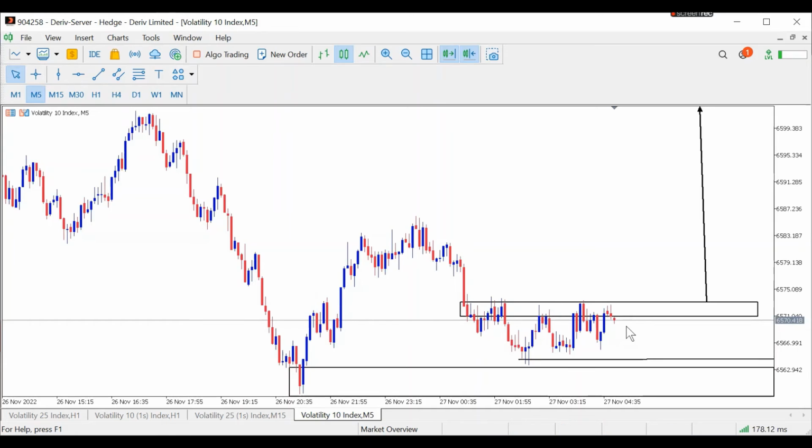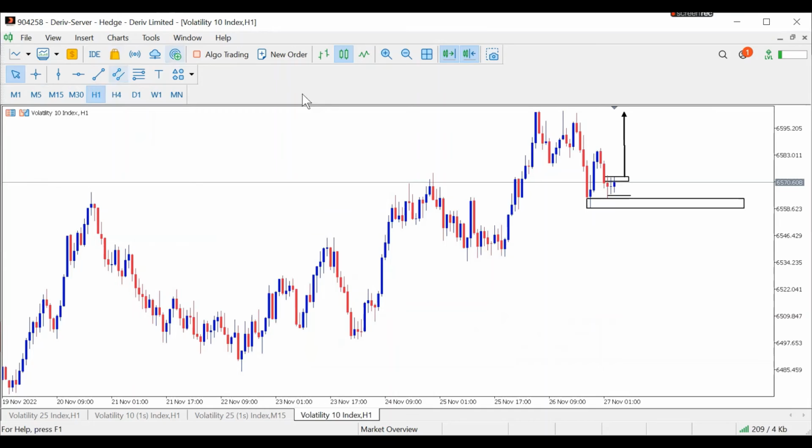As you can see right now, the market has these candlesticks, which indicate there is a probability that this market might still go down before it comes back up. So ideally I wouldn't take this trade, but I'm just showing you guys how to go about scalping on a demand zone using your small time frames.